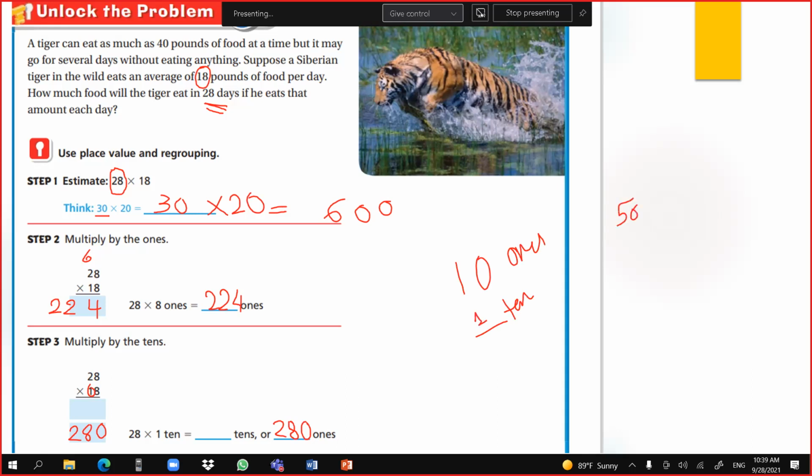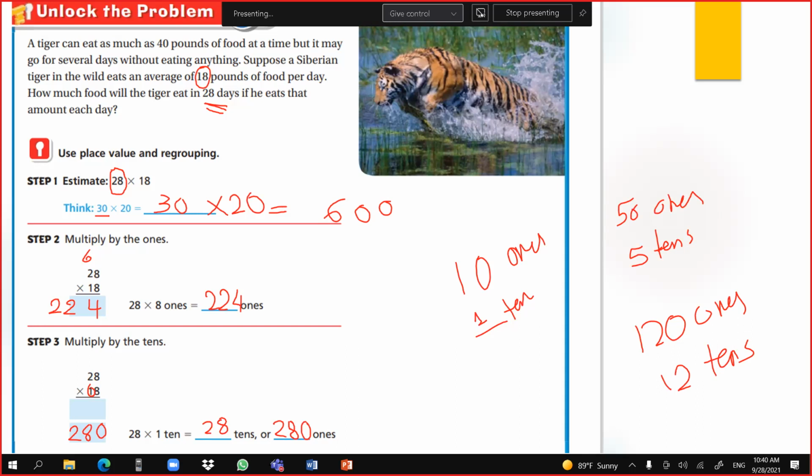Like 50 ones. How many tens? 5 tens. 120 ones. How many tens? 12. Like 280 ones. How many tens? 28. Bravo. So 1 times 280 is 28 tens or 280.